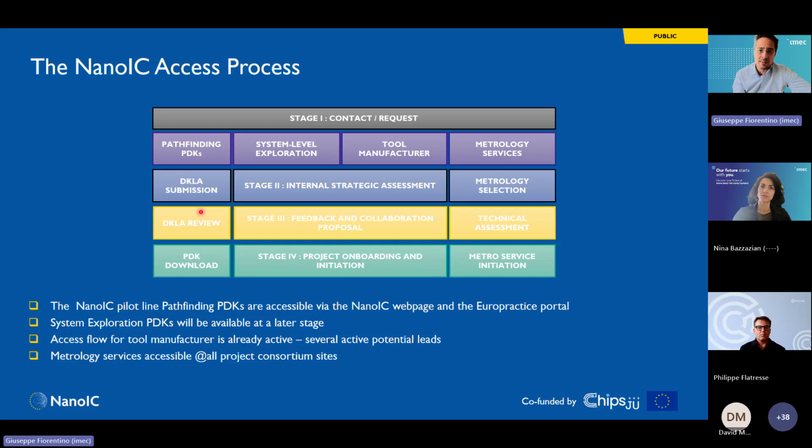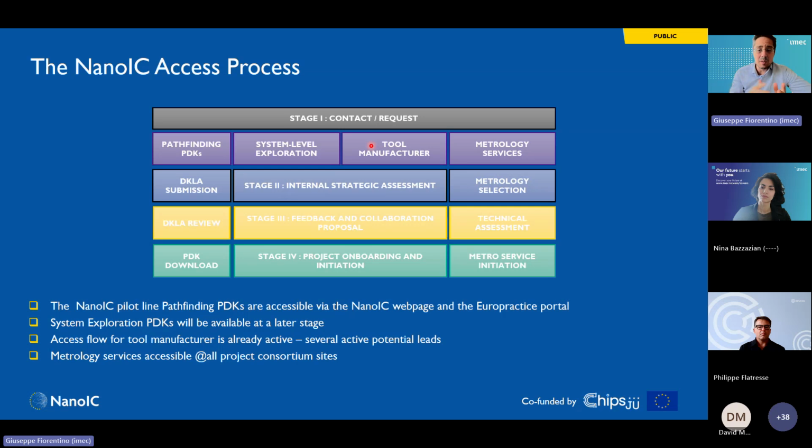Concerning system level exploration and tool manufacturers, this is a slightly more complex flow, because it needs first an internal strategic assessment to see whether or not there is a match between the technologies that are requested and the technologies provided by NanoIC. If that is the case, we start a stage 3 process, which is a feedback and collaboration proposal.